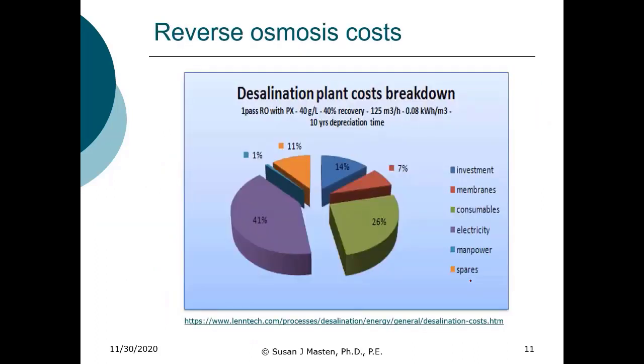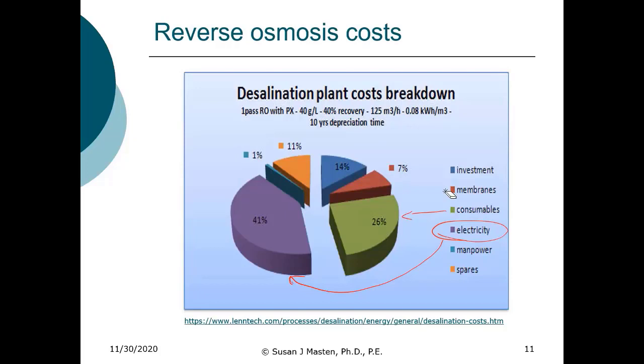Now, in terms of the cost of desalination, a significant cost is electricity. Another significant cost are consumables. This will include replacement of membranes. Typically, you're replacing polymeric membranes about every 3 to 5 years.